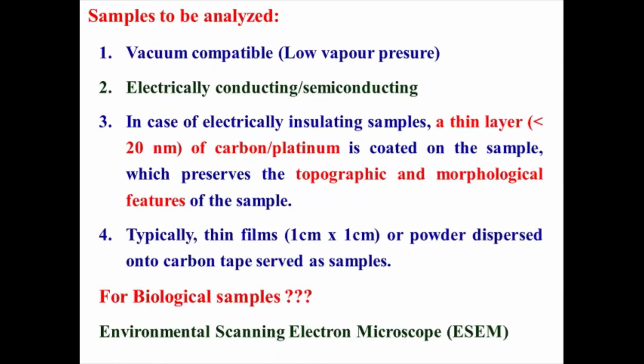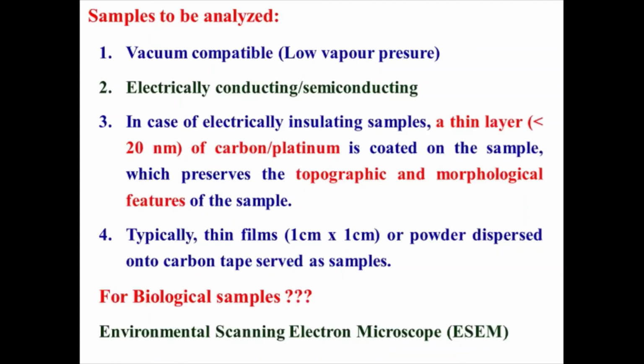So to increase the mean free path, the average distance traveled between two successive collisions, you need to reduce the molecular density. That is, you need to reduce the pressure. So vacuum is required. The second aspect is that in case of thermionic emission, the life of the emitter or cathode depends on the quality of the vacuum.